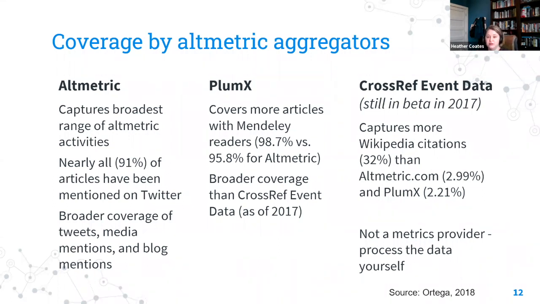So Crossref is used to mint DOIs and facilitates a lot of the scholarly publishing that happens. However, Crossref is not a metrics service provider. So you can get the data from their API, but you have to process it yourself. So we're still trying to get a sense for how the data differ from these different platforms. Okay.